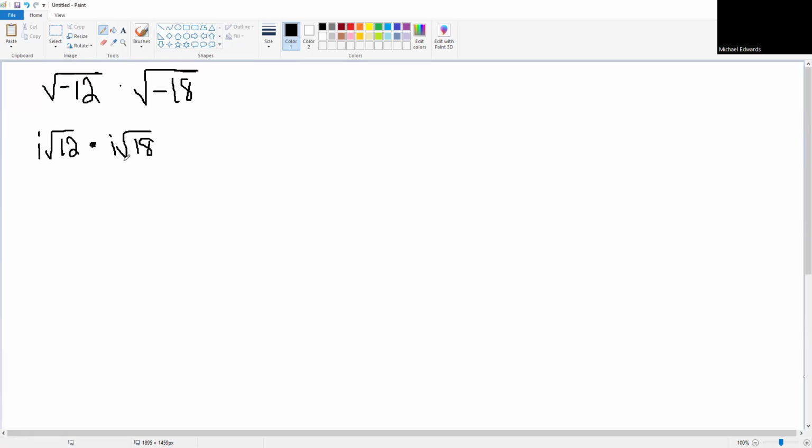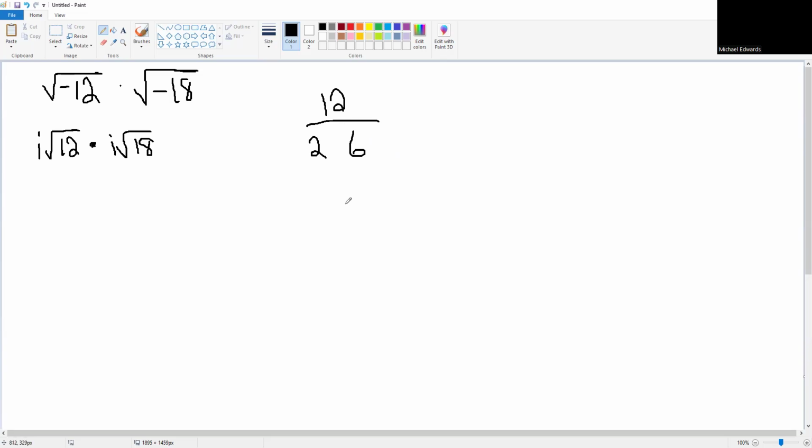Now, this would be an acceptable answer. I mean, it's not bad, but the book wants you to push further. It wants you to reduce these square roots. Now, how do you reduce the square roots? Well, we've done this. We've looked at it. Get your factors. So we know 2 times 6 is 12. Well, 6 will work, right? What do you mean 6 will work?